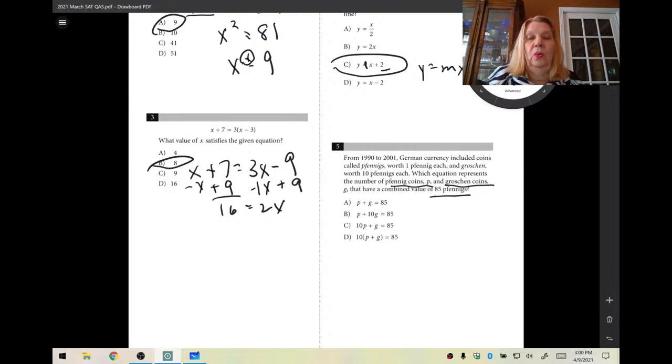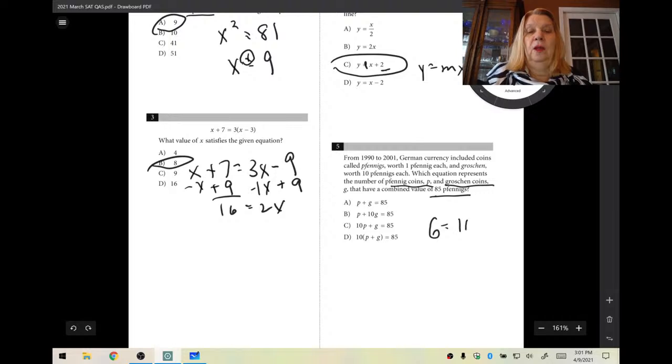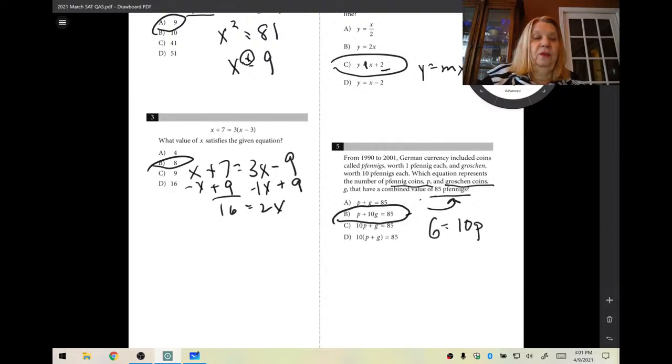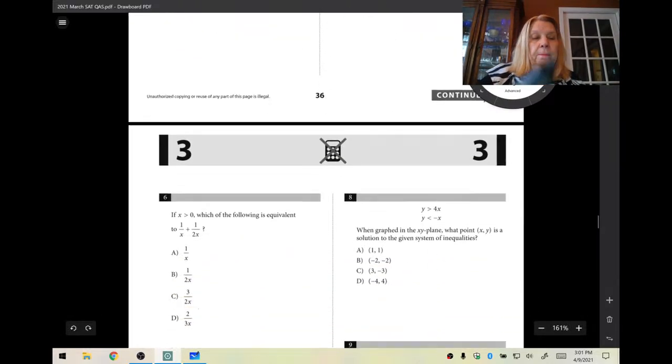Well, we know that a Groschen would equal 10 pfennigs. So we need to multiply the amount of Groschens by 10, and so the answer for this one would be B. So our answer is in terms of pfennigs. So far not so bad.